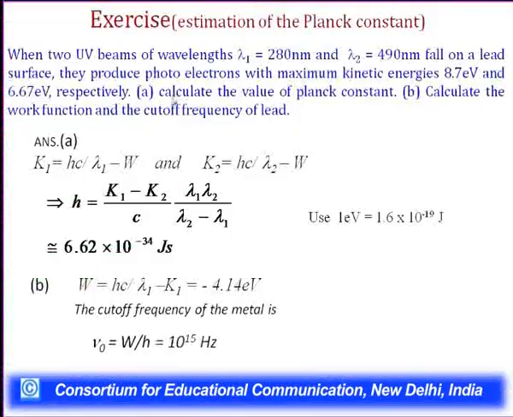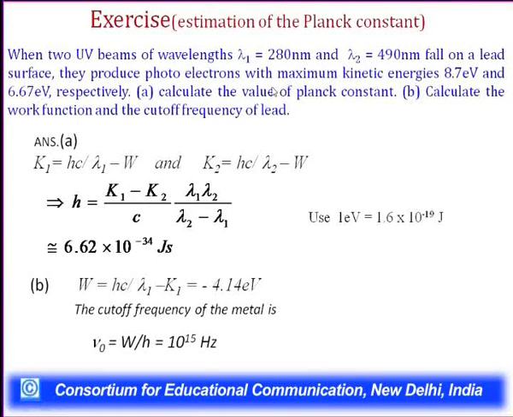We solve an example: two beams of ultraviolet light, of wavelength lambda equal to 280 nanometer and the second wavelength 490 nanometer, fall on a lead surface.